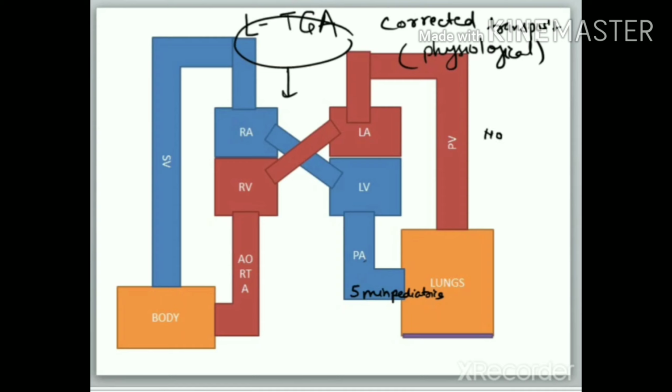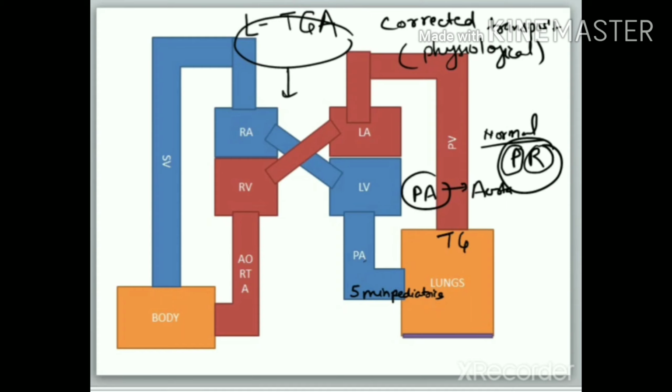Before going further, we must understand the normal position of the aorta relative to the pulmonary artery. So remember PR. The normal relation is PR, meaning pulmonary artery to aorta: the aorta is posterior and to the right of the pulmonary artery, while in DTGA it is AR, meaning anterior and right.